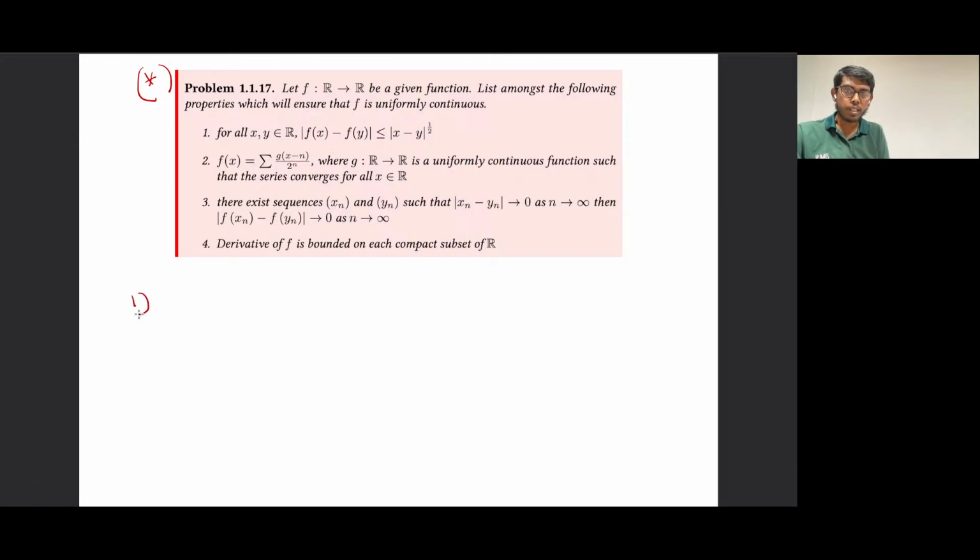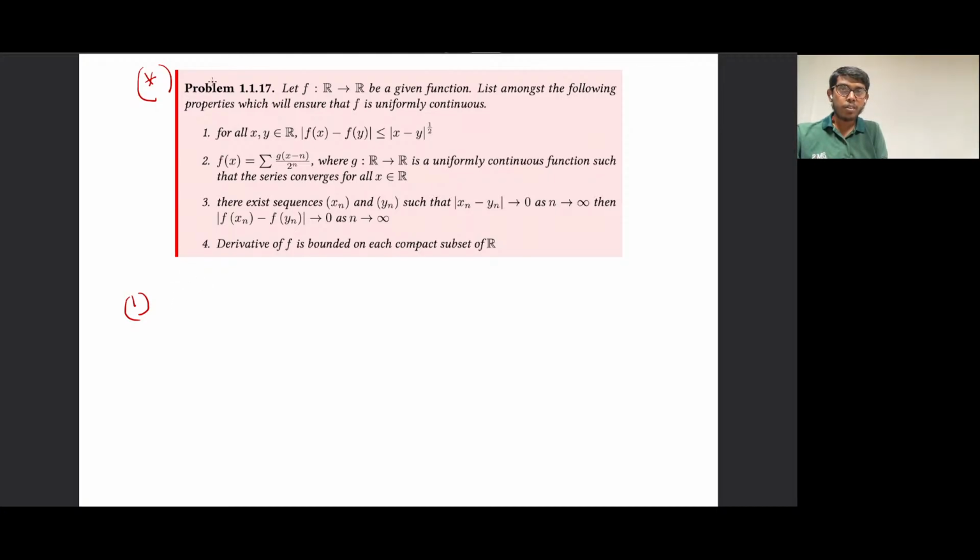So the first option says that we need to see if f has the following property. If f satisfies the following properties, then is f uniformly continuous or not?